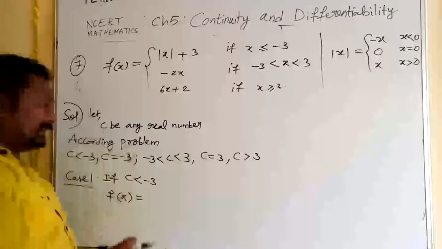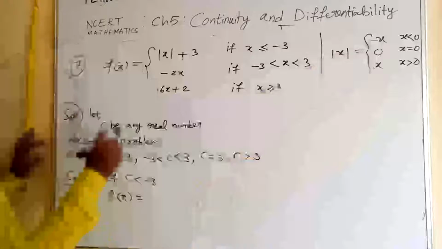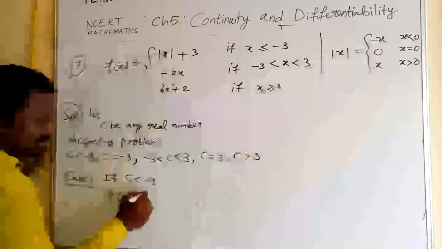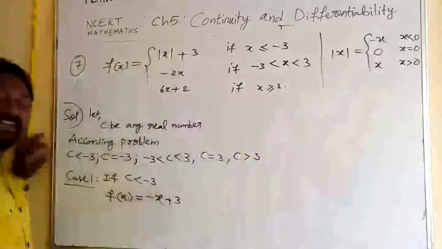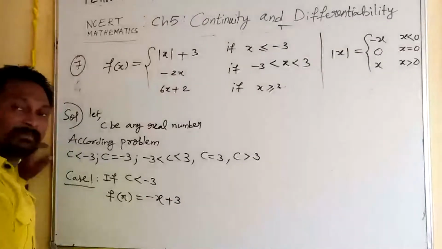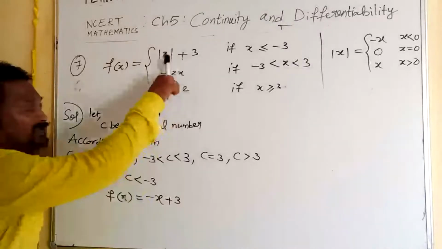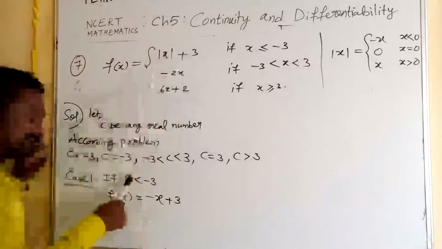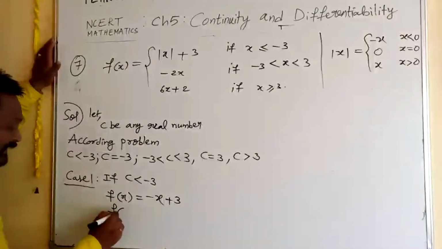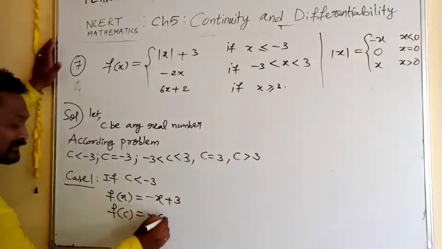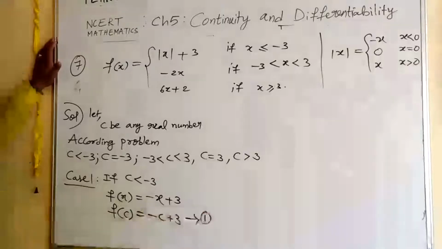So if less than happens, I need to write minus x. So instead of modulus x, we write minus x plus 3. Clear now? I hope you all understood. Now just find f of c. f of c is equal to minus c plus 3. So this gives us equation number 1.